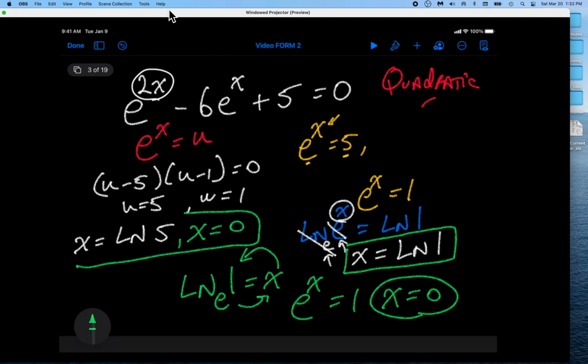So here are our two final answers. To review, when you see something crazy like this, look at these exponents. If this is twice that, it's a hidden quadratic equation. Remember that 2 times x is the same thing as x times 2. So all we have here is e to the x raised to the second power.